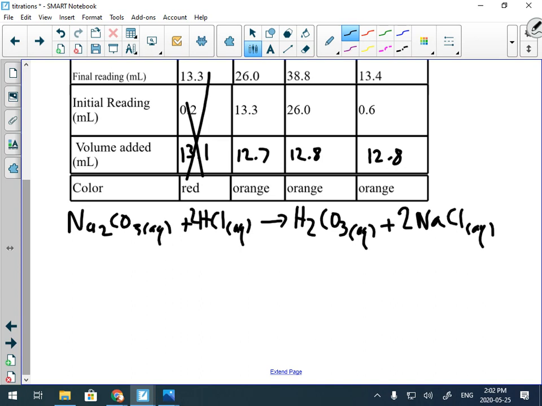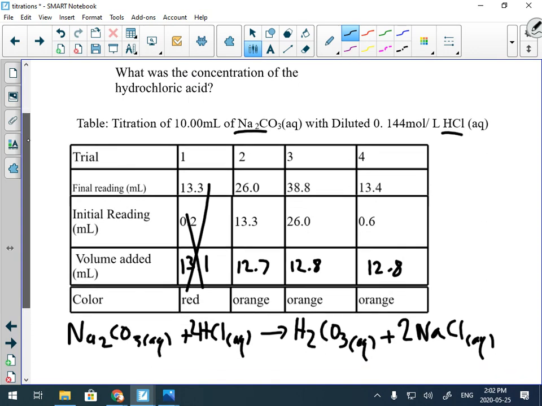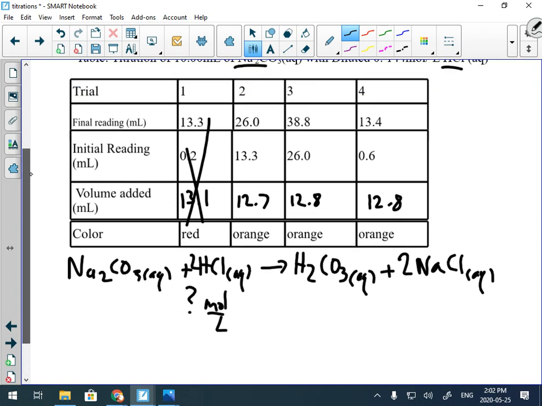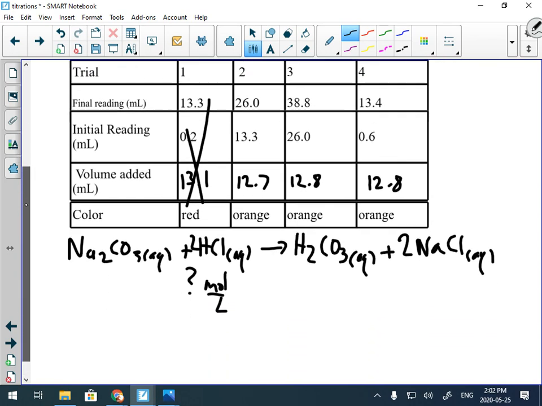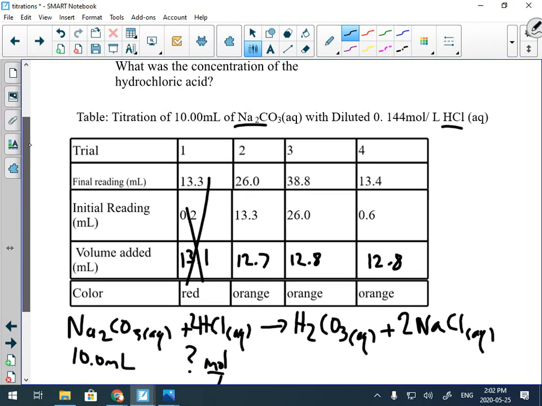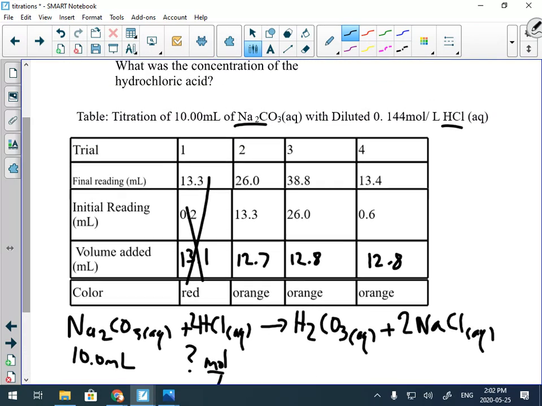Okay, going back up to our problem, it says, what was the concentration of hydrochloric acid? So question mark, moles per liter. In the table title, we are given 10 mils of sodium carbonate. What is the concentration of Na2CO3?